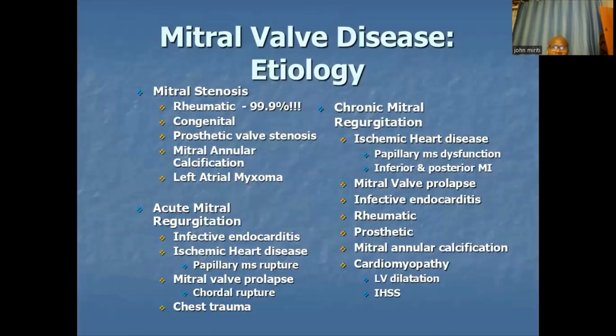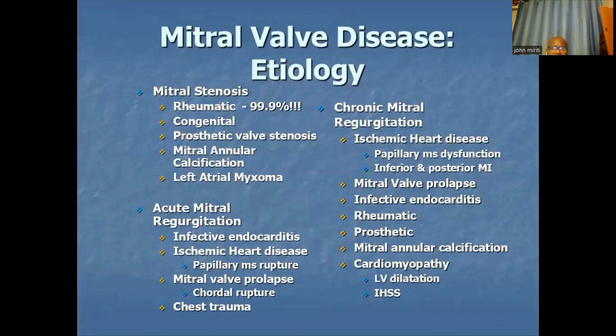Now, let us look at chronic mitral regurgitation. Chronic mitral regurgitation is associated with ischemic heart disease, which causes papillary muscle dysfunction, and ischemic heart disease causes inferior and posterior myocardial infarction, resulting in mitral valvular regurgitation.